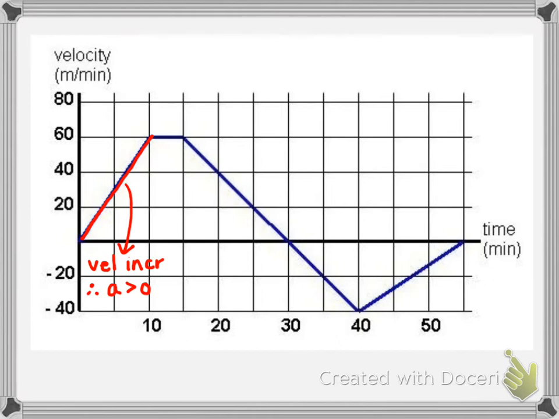Between 10 and 15 minutes, this little portion of the graph indicates a constant velocity. So this particular object is traveling at 60 meters per minute, and during that time the velocity remains constant, and so there's no acceleration. So the gradient of that portion is 0, and hence the acceleration is 0. This portion over here, between 15 and 30 minutes, shows a negative gradient and therefore a negative acceleration.